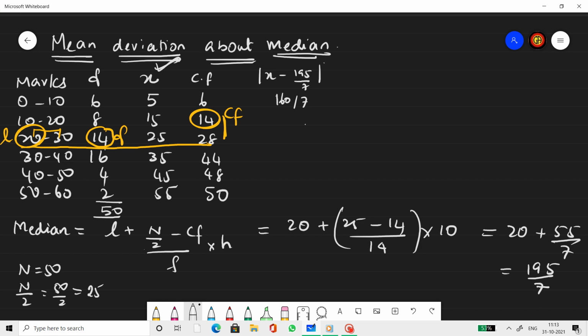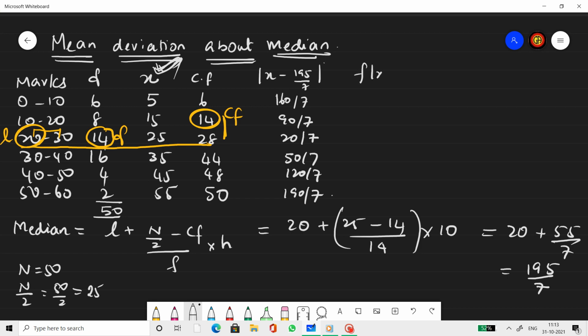And then 15 minus 195 by 7, 105 minus 195 by 7, that is 90 by 7. We get like this for all: 20 by 7, 50 by 7, 120 by 7 and 190 by 7.